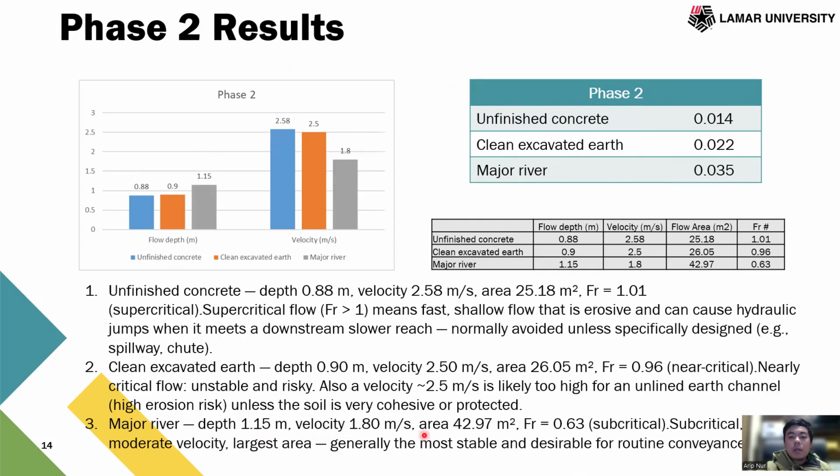It has a flow area of 42.97 square meters and a Froude number of 0.63, so it is in subcritical flow. So subcritical flow with moderate velocity and the largest flow area. We can say that this is generally the most stable and desirable for routine conveyance.